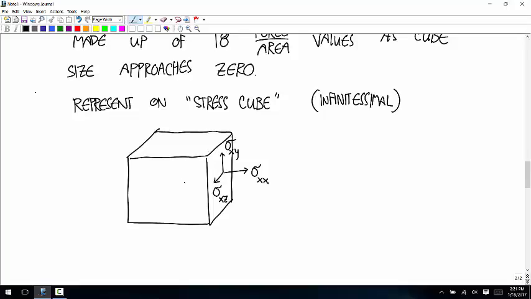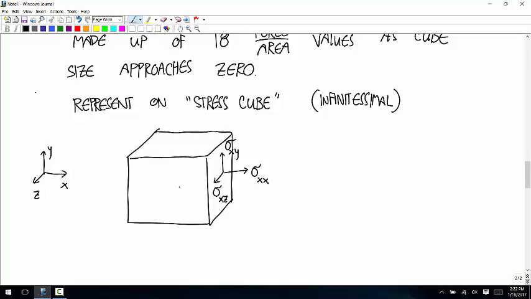Now, the front face would be the z face. My coordinate system is like this: X, Y, Z. Right. Well, yeah, because this is the component in the x direction, in the y direction, the z direction, and this is the face that the x-axis points out of. That's why the first subscript.